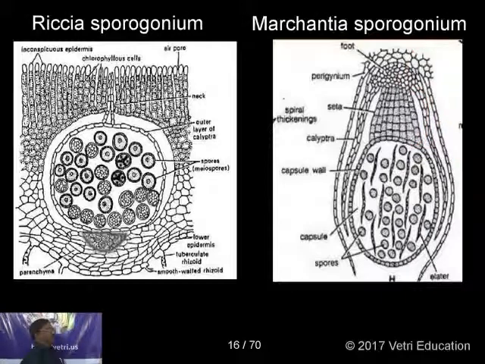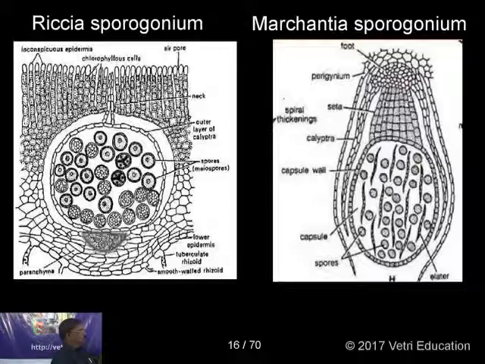So now we can see the difference: here you can see one foot and capsule, only two parts, whereas here you can find the foot, seta and capsule, three structures. Inside, the sporogenous tissue is differentiated into spore mother cells. They are diploid, they undergo reduction division and form haploid spores.